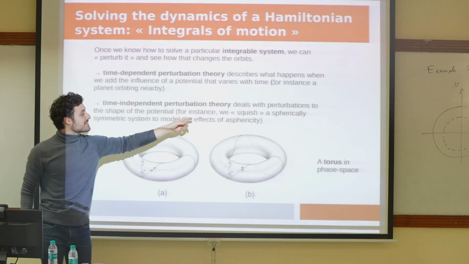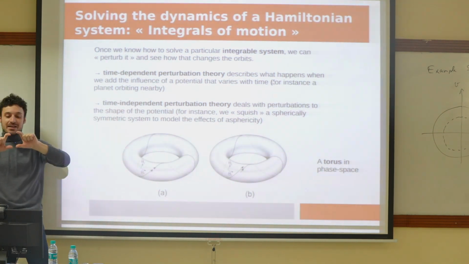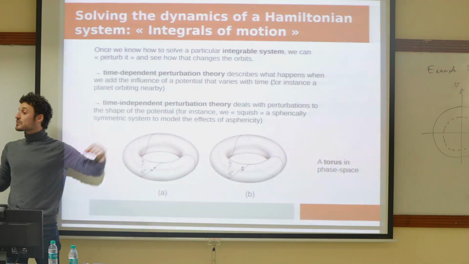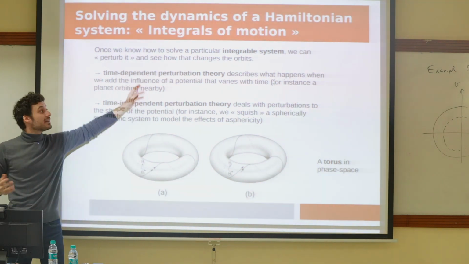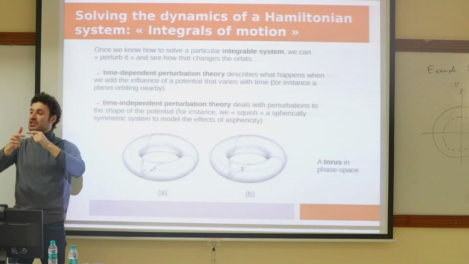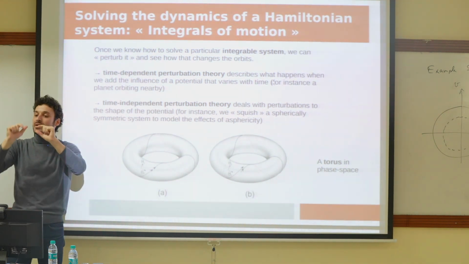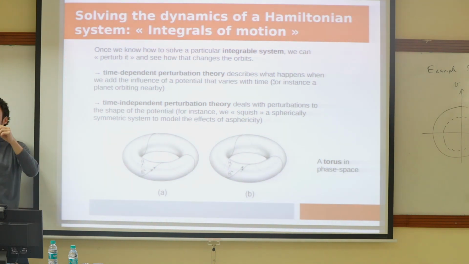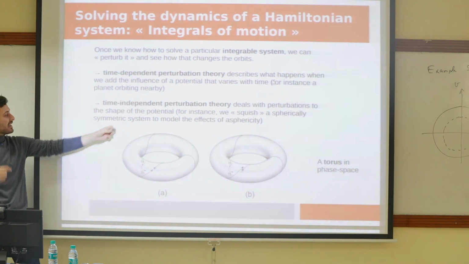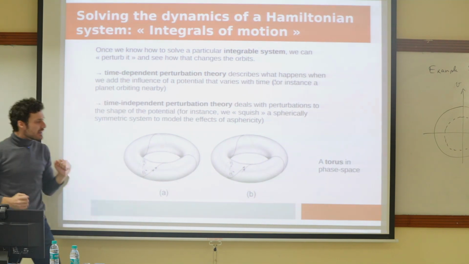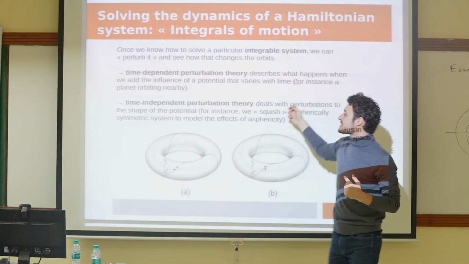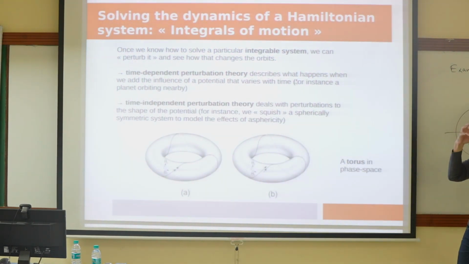So what you'll do is that in your equations, you're going to take the spherical solution, because the spherical solution is nice and integrable, you know it, and you're going to add a little perturbation. So you'll say, well, I'm going to treat the squishing as a small extra perturbation that I'm adding on top of the system I know how to integrate. Now the point is that when you're doing this kind of perturbation theory, the squishing is permanent, right?